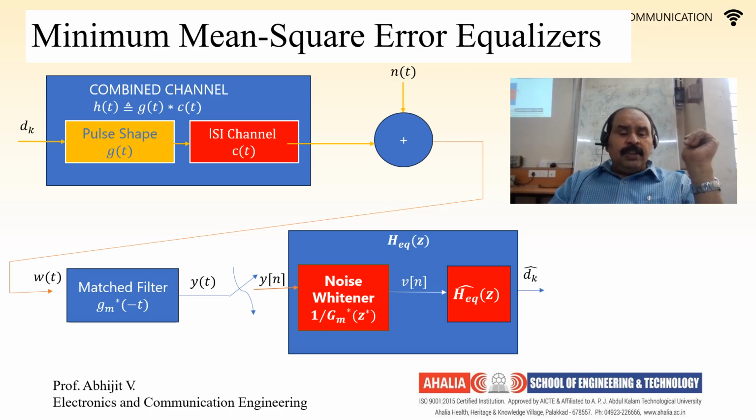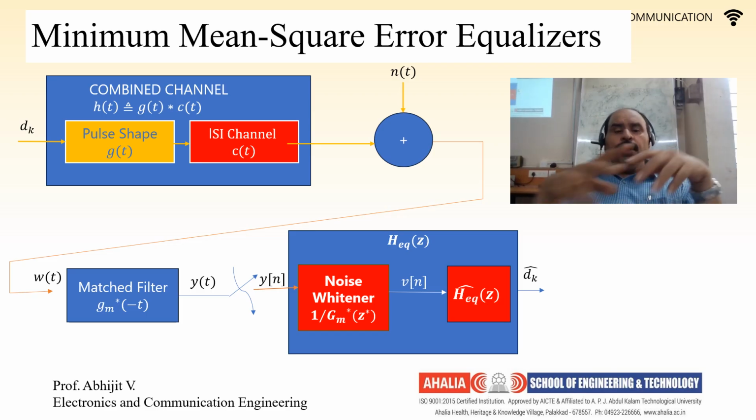In this we see that we have two important components. One is called the noise whitener and the other one is called the H_EQ(z), right? What it means is that the output of the matched filter is colored noise, not white noise.